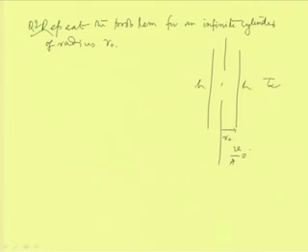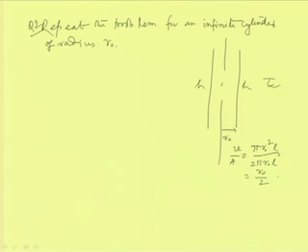If we say V by A in this case, for any length L, the volume is pi R naught square into L, and the area is 2 pi R naught into L. So, basically V by A becomes R naught by 2.